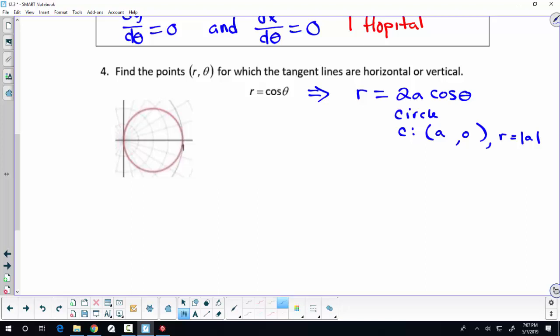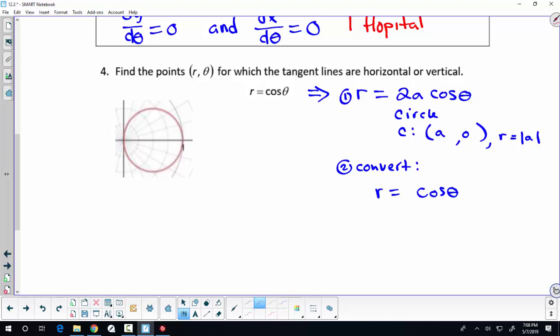Or we could take r equals cosine theta and convert that into rectangular coordinates, and then look at that.